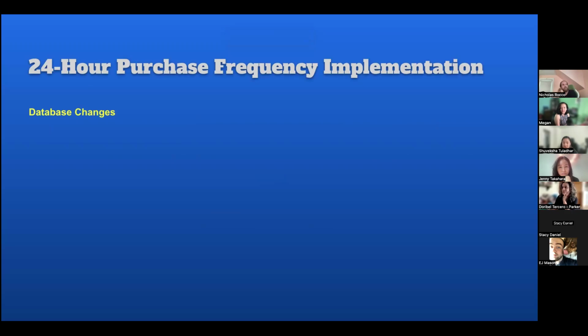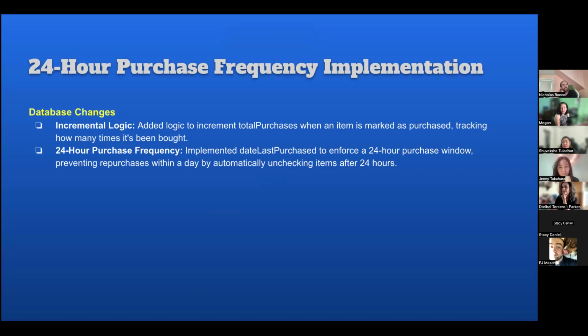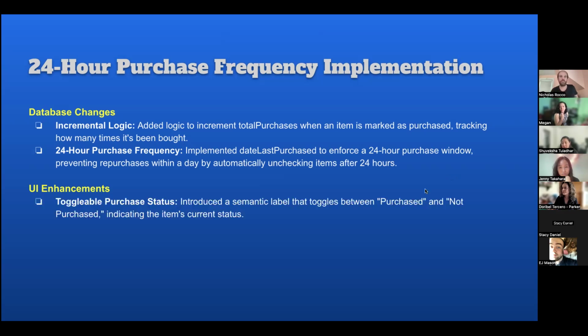For the database changes, we added logic to increase the total purchases count when an item is marked purchased, so we can track how many times it has been bought. We also implemented a last date purchased that enforces a 24-hour purchase window, ensuring that the user can't repurchase the same item within a day by automatically unchecking the item after 24 hours.